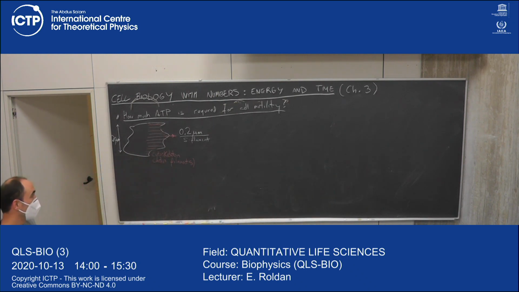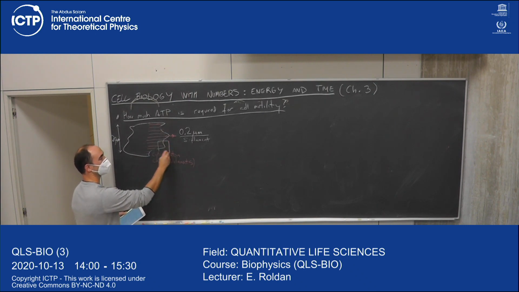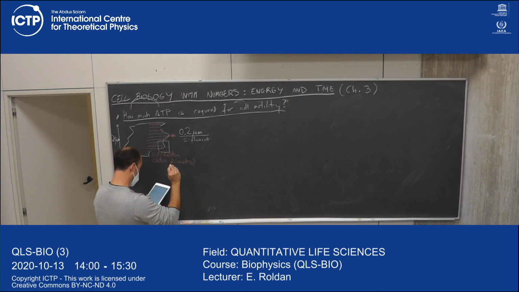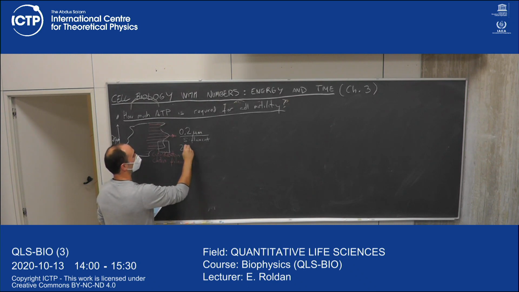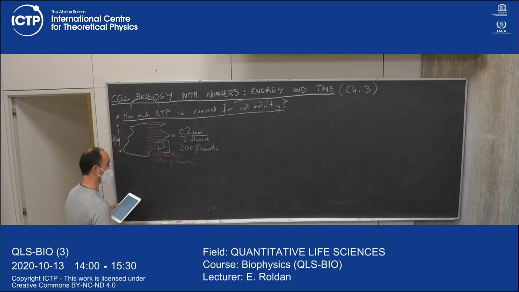This is one of the data. This is the other one. The size of the cell, the side length that is growing is 20 microns of length, and then there is a density of filaments. The density of filaments is 200 filaments per micron.